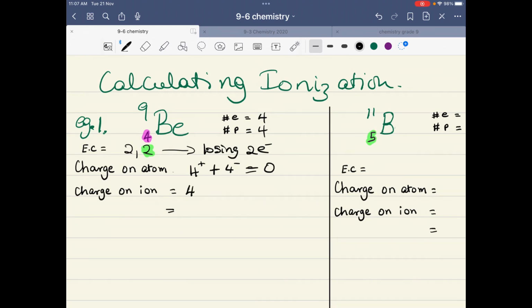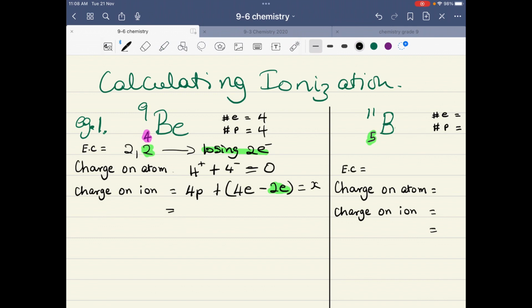It still has 4 protons and 4 electrons, but it's going to lose 2 of those electrons, and we're going to determine the overall charge X.